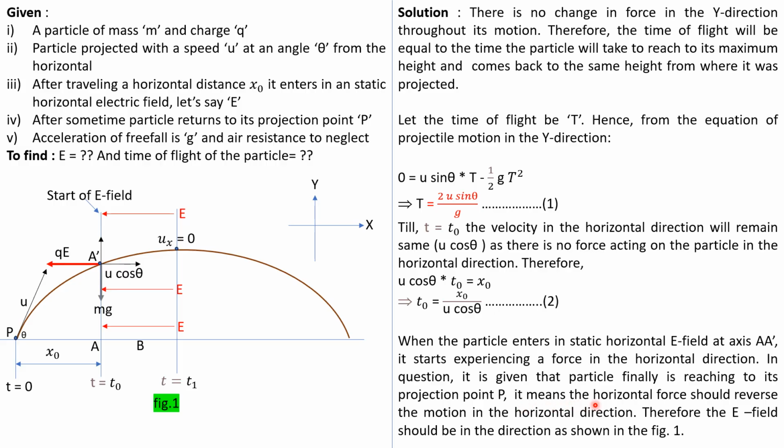It means the horizontal force should reverse the motion in the horizontal direction to enable the particle to come back to the projection point. Therefore, the E field direction will be as shown in this diagram in figure 1.